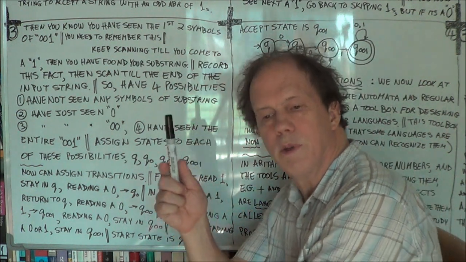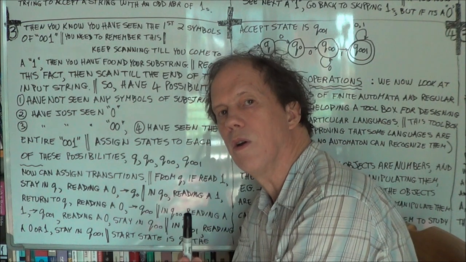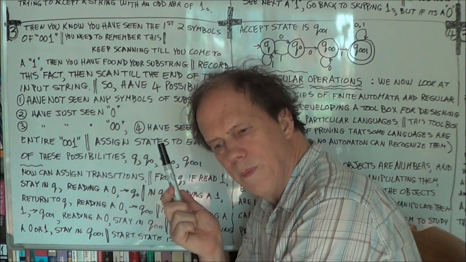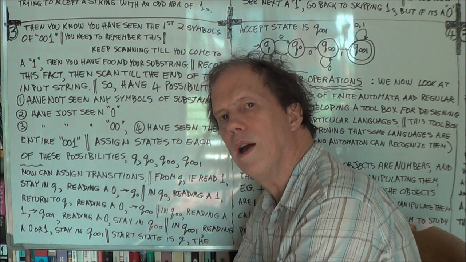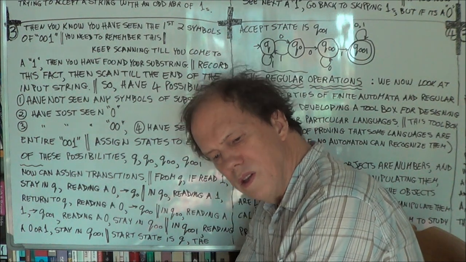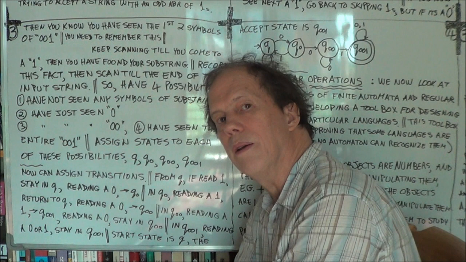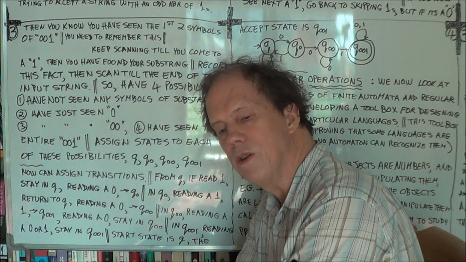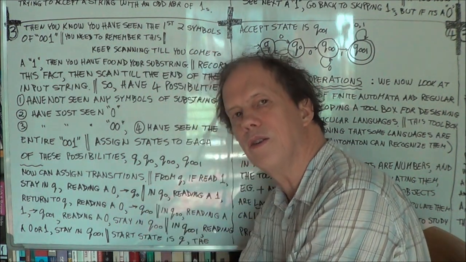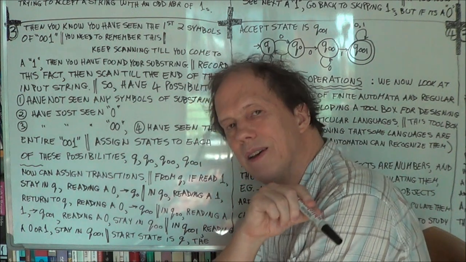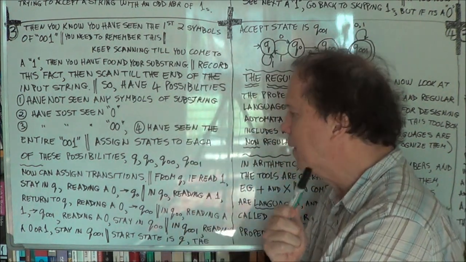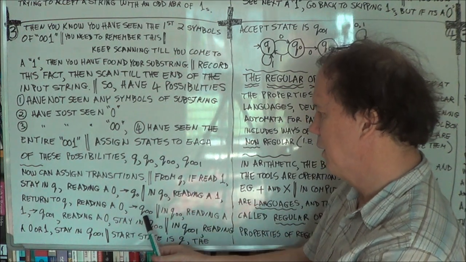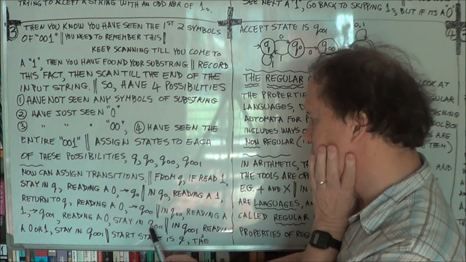This might be your third 0. Well, stay in Q00. Why? Because the next symbol might be a 1. It's possible. But if it's not, still stay in Q00, because the next symbol might be a 1, and so on, using that logic. So just stay in Q00.